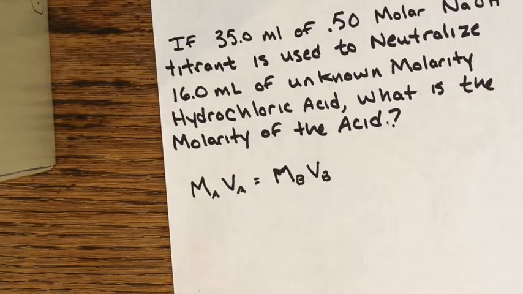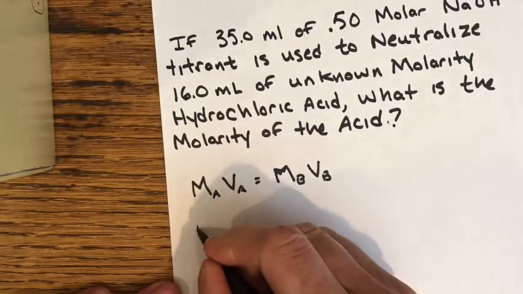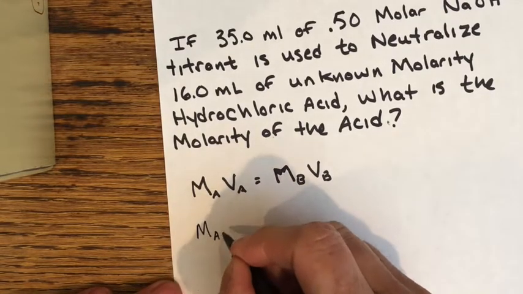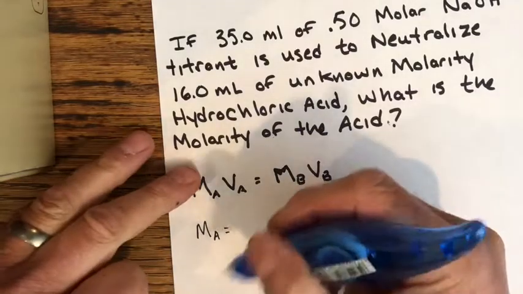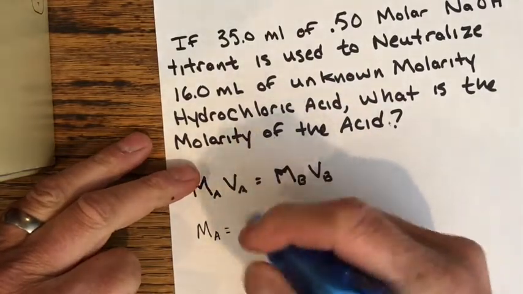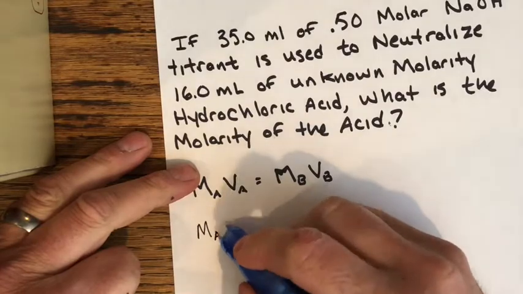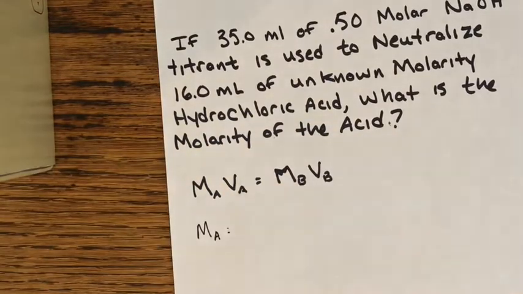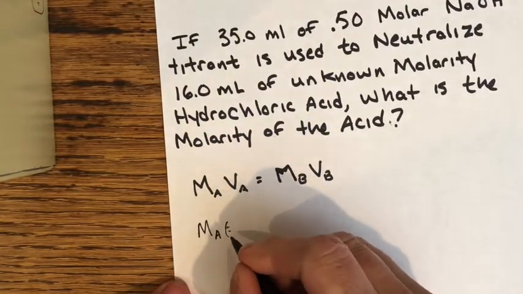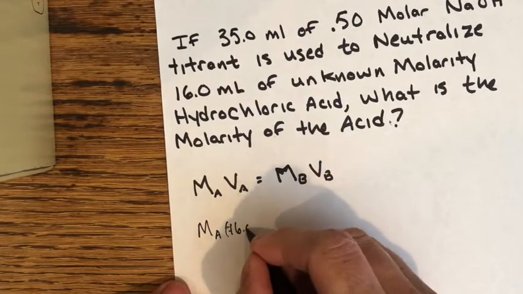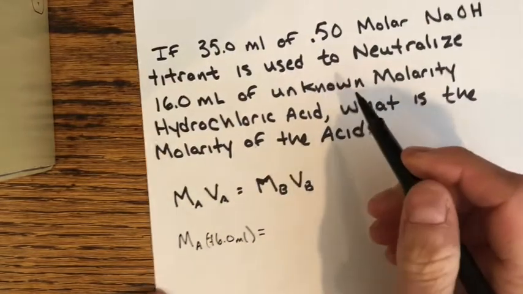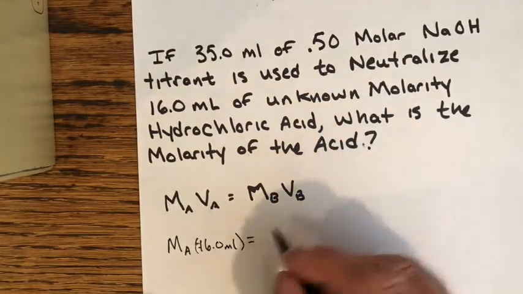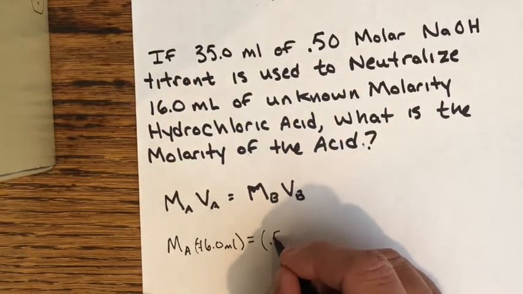And so we'll just fill in what we know here. The molarity of the acid is what we don't know. We do know the volume of that acid, though. That is stated in the problem. So the volume of the acid is 16 milliliters. And we know the molarity of the base from the problem. That's the 0.5 molar base.